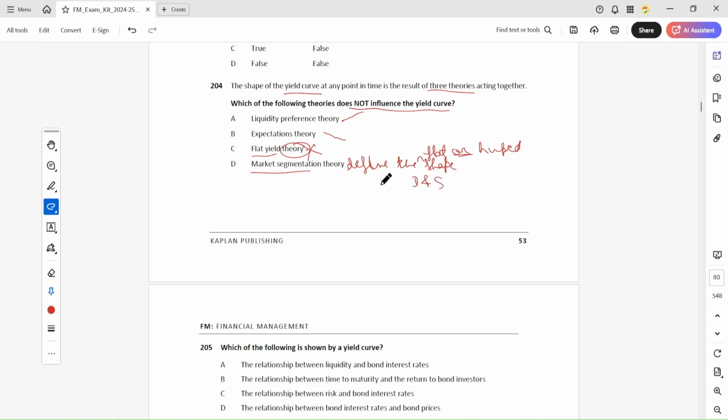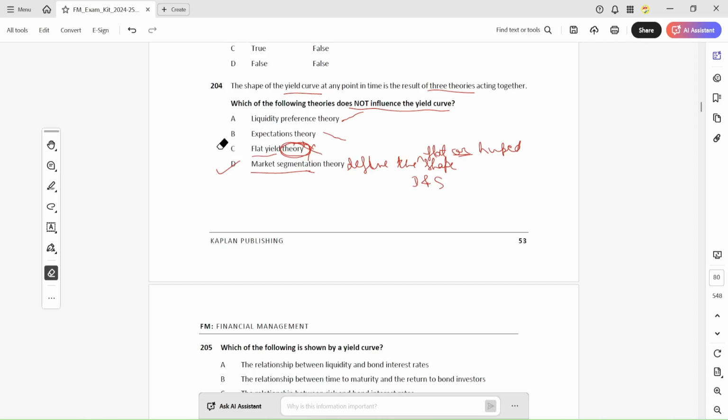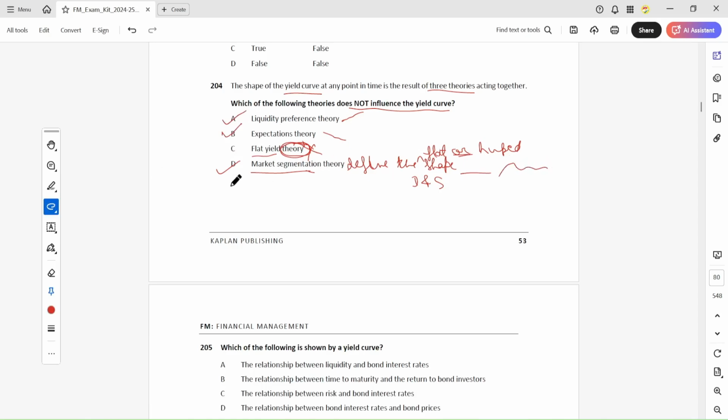So flat yield is nothing but the shape of the curve that is flat due to market segmentation theory. So this is not true. All these other three are true. Yes, these are humped curves. Okay.